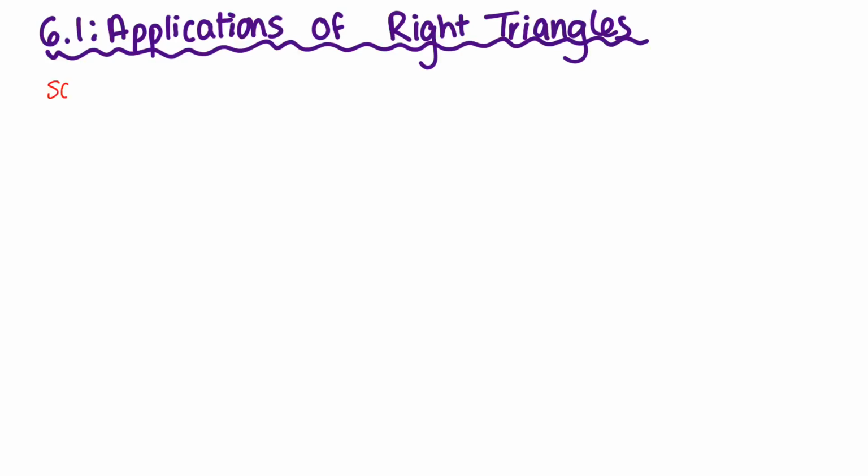So solving a right triangle. Solving a right triangle means that you find all of the triangle's side lengths and all of its angles. That's all that it means.